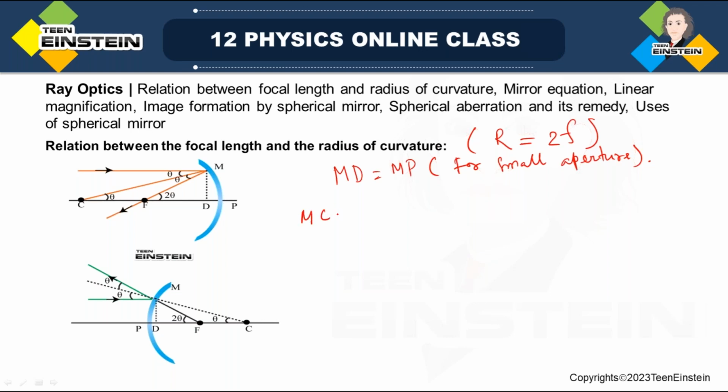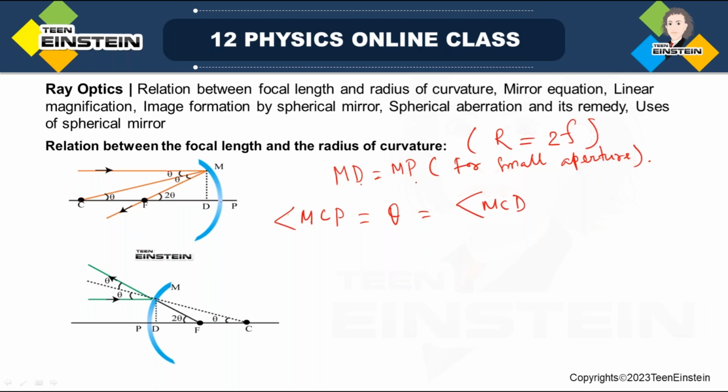Let me write MCP, MCP is theta. P or D, same thing actually. This can be written as MCD also. As I said, this D and P will be coinciding if the aperture of the mirror is small. Mainly, I just wanted to say this angle is theta.